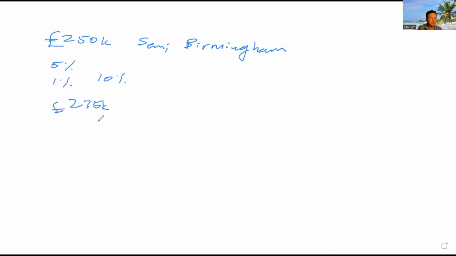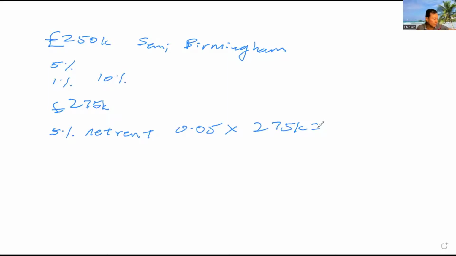Now, let's say the rental is 5% net. So it will be 0.05 times 275K. This is going to be a net rental.